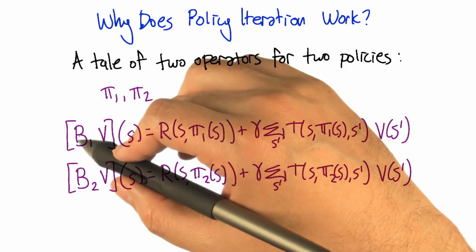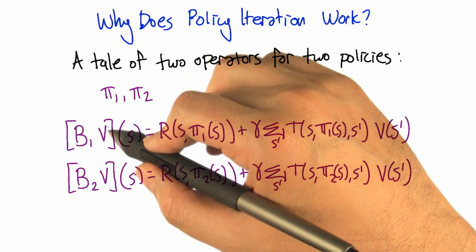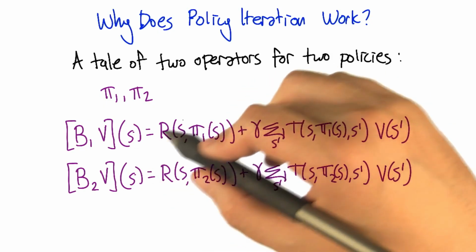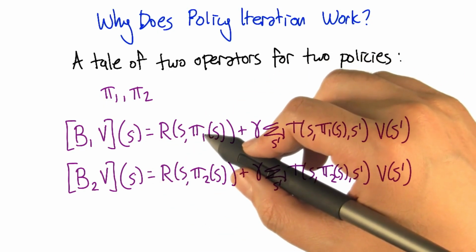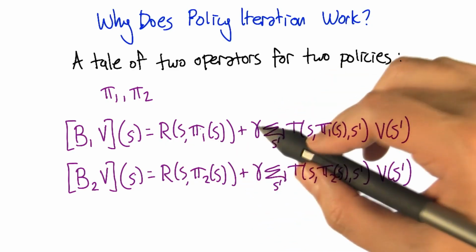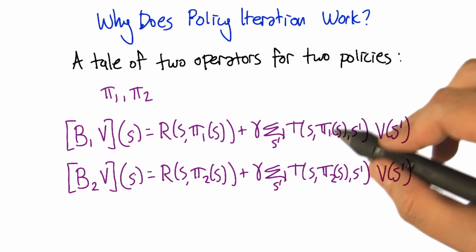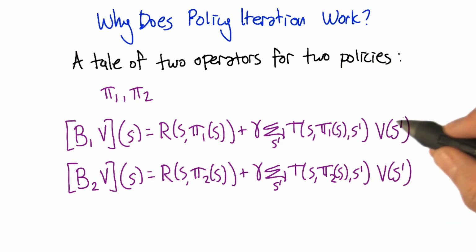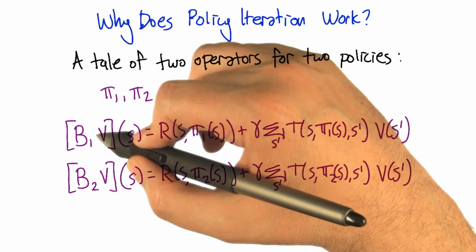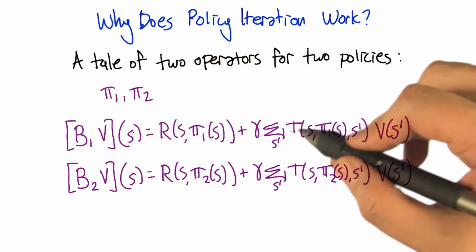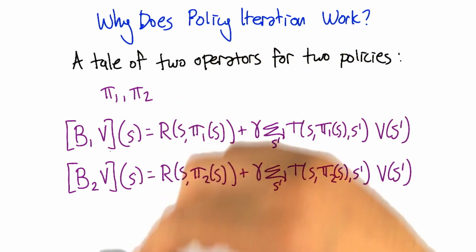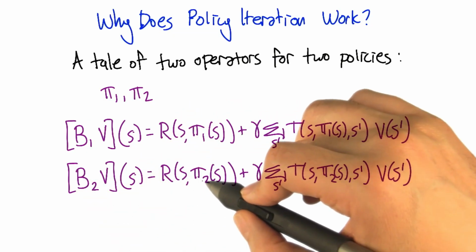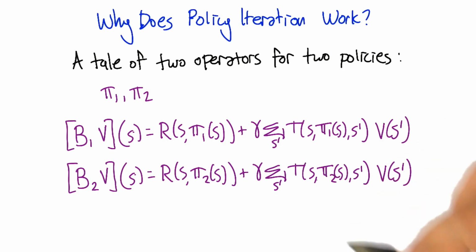The first operator, B1, when we apply it to a value function v, is just going to return for each state the immediate reward from that state if we follow policy pi 1 plus the discounted expected value from following policy pi 1 with one-step lookahead on v. So we're basically putting v through one step of value iteration with a fixed policy pi 1. And B2 is the same idea, same operator, except with respect to policy pi 2.